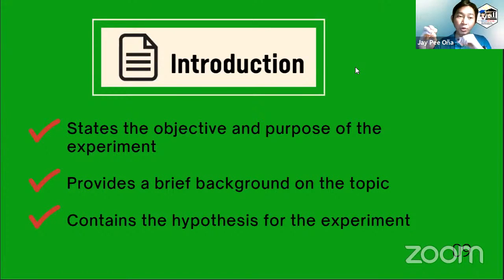What we only need to do is to paraphrase the introduction there and put it on our report without losing the essential elements, which is the objective, the brief background of the experiment, and the hypothesis of the experiment. So these are the three most important elements of an introduction. So wag po natin siyang kakalimutan.